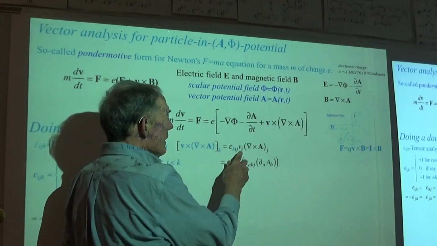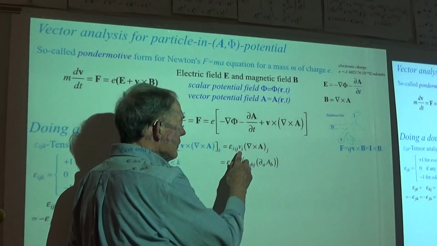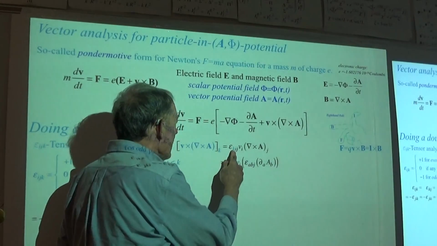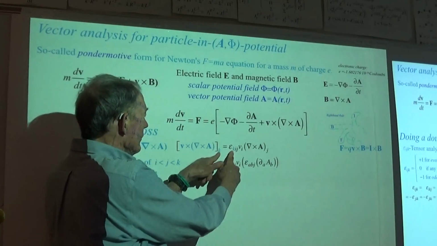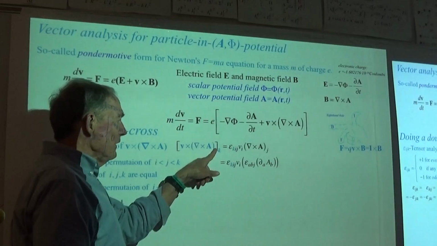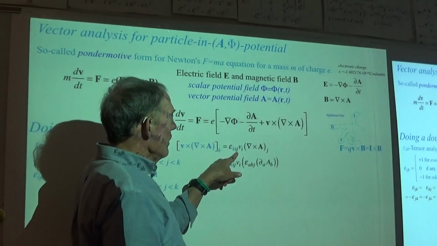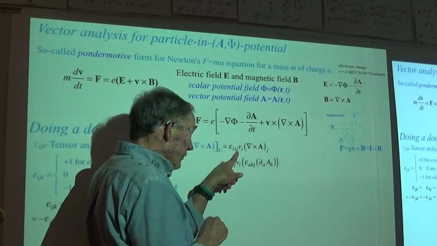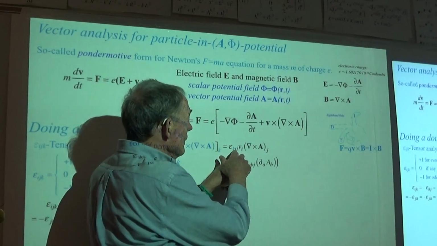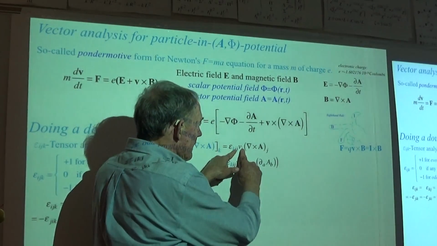So here we have a repeated sum, epsilon K matches the K on this side. So I'm looking at the kth component of the triple cross, and I'm asking you to sum over three numbers, that is x, y, and z, for first I.